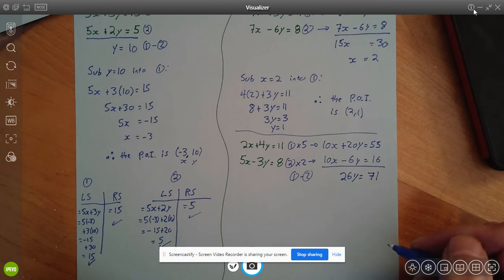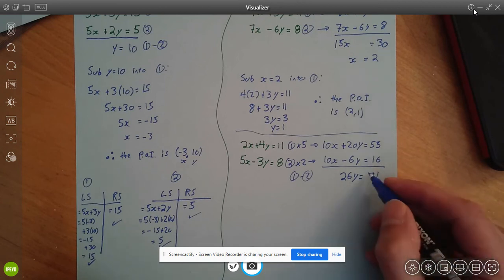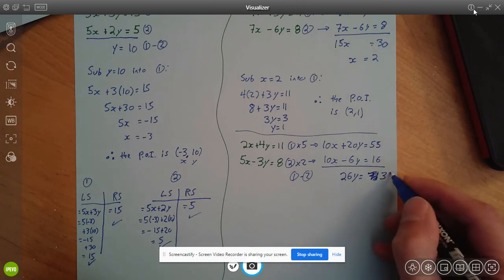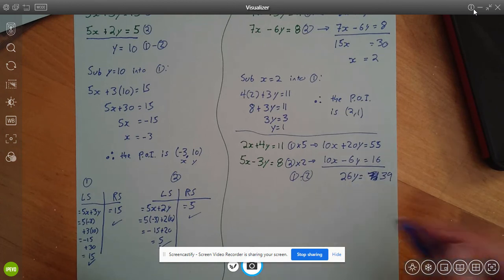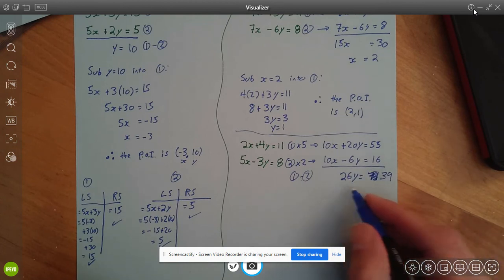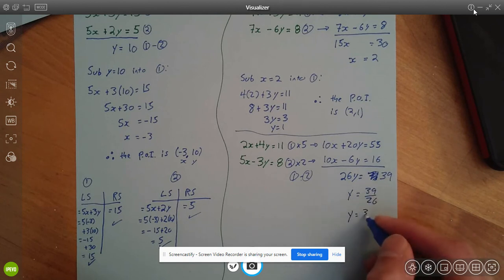And then if I can reduce the fraction. Sorry, I'm subtracting, so it should be 55 minus 16. I knew something was a bit wacky. Equals 39, because I'm subtracting the x's, the y's, and the constants. And then I can reduce, so y equals 39 over 26. I can reduce that to y equals 3 over 2.